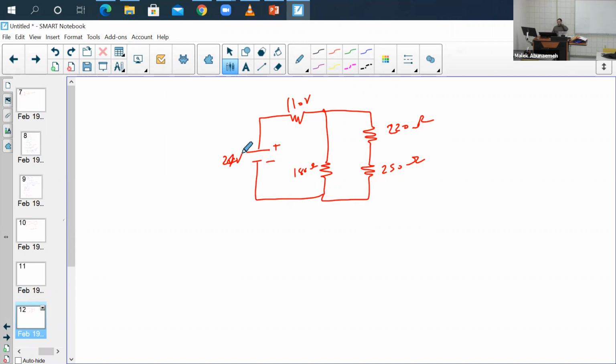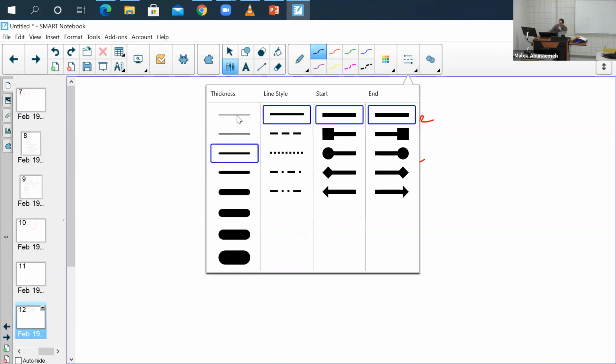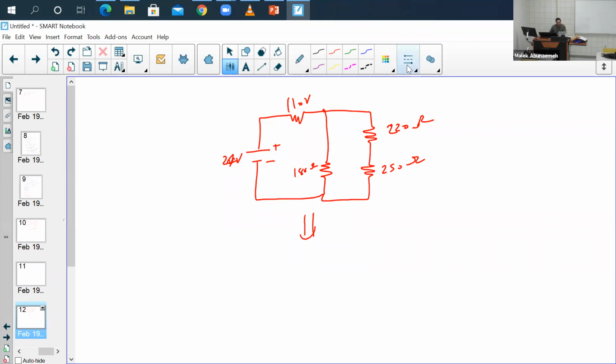Now, the question is, reduce the total. The first one we're going to do is these two right over here. These two are connected in series. So what you're going to have is the 220 plus your 250, which is going to equal 470 ohms.